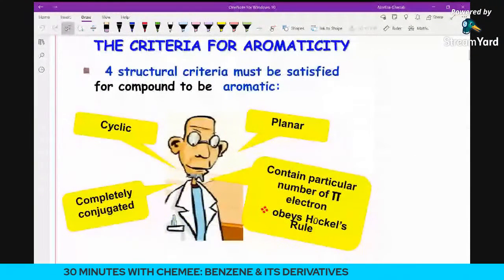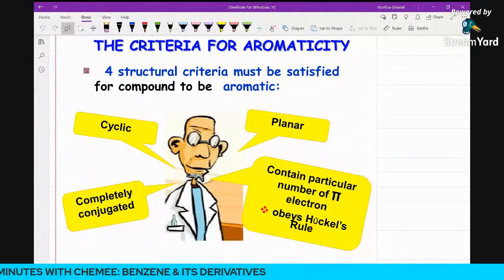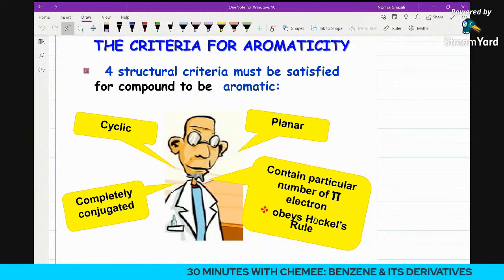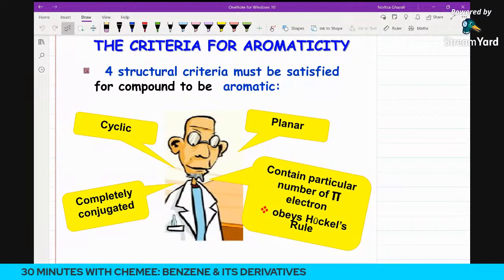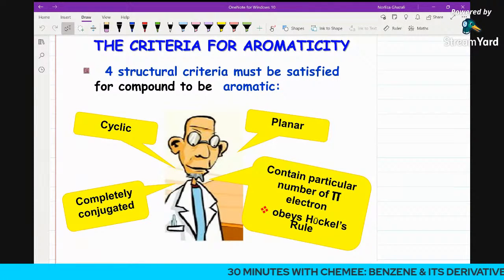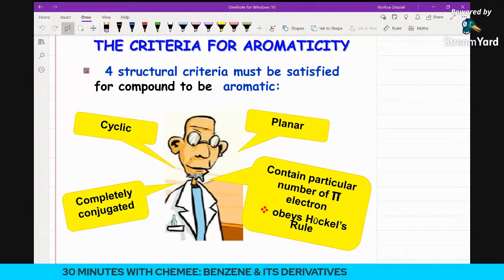There are some criteria that are very similar for aromatic compounds. Okay, so this compound actually will be cyclic. I just simplified it for you. It must be planar, and it has completely conjugated double bonds. And the last one, it obeys Hückel's rule.